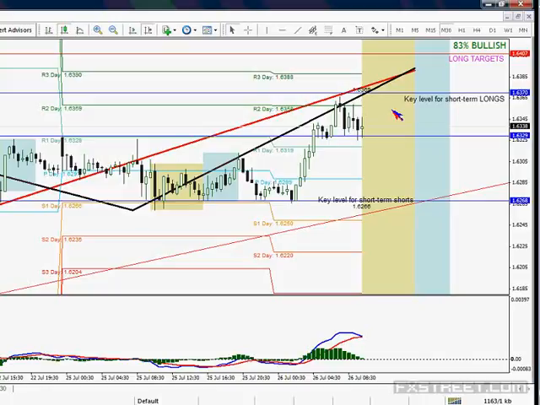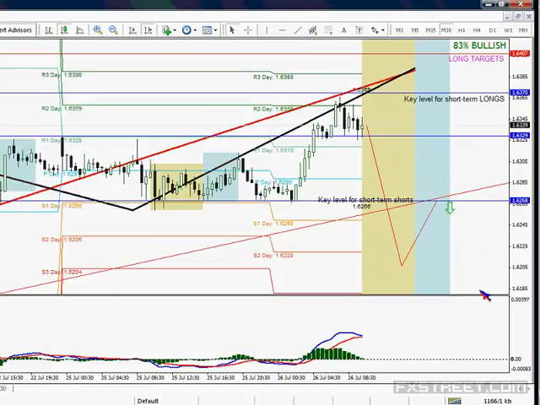All right, and for shorting, I would prefer something like this: price going down aggressively, followed by a retracement where the short could be placed, with stop somewhere towards the 63.50 level.